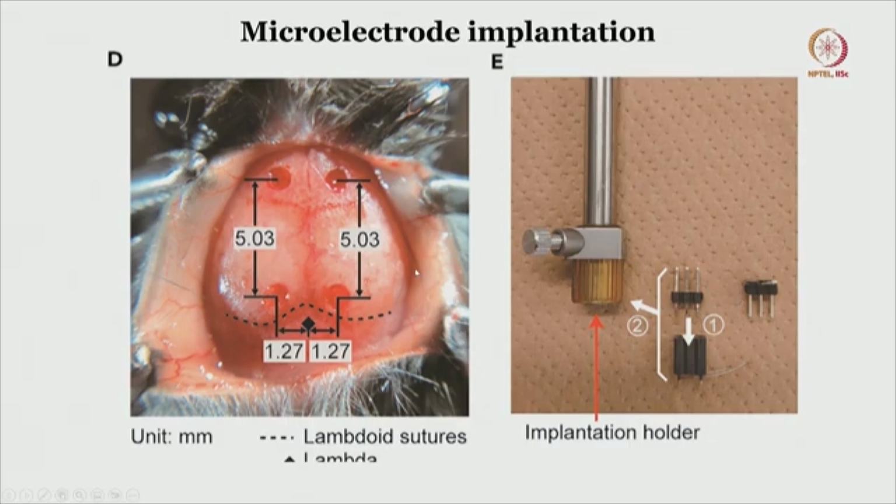So here is an example where they are implanting these many electrodes in order to record electrocorticographic activity. Electrocorticography is the surface electrical activity from the cerebral cortex.